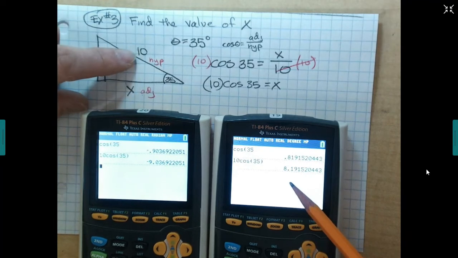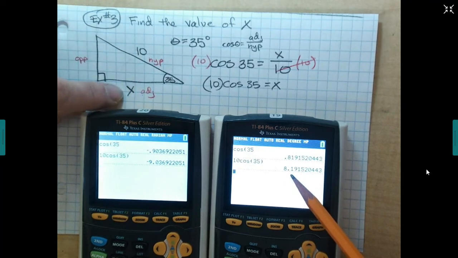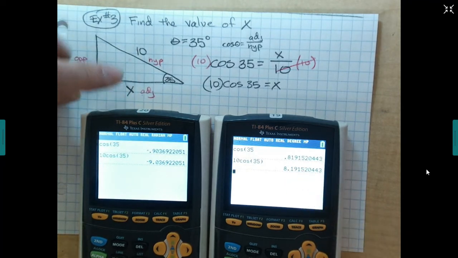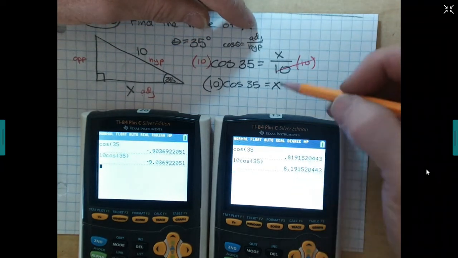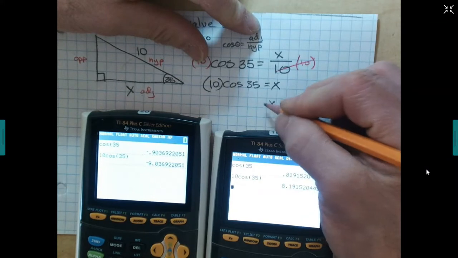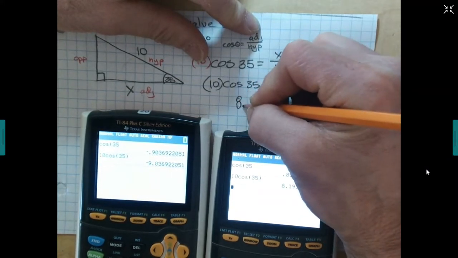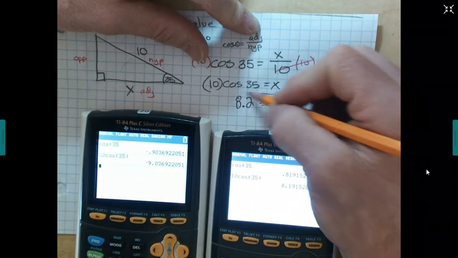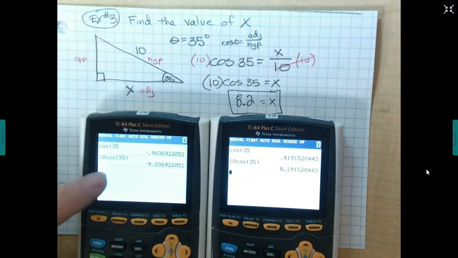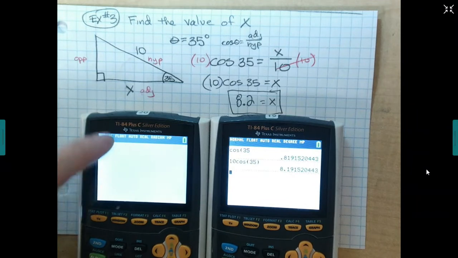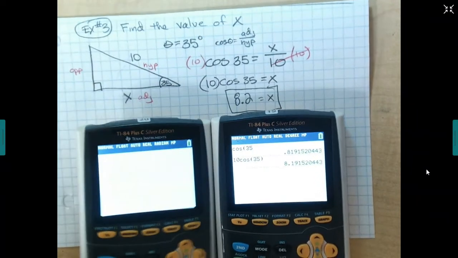The hypotenuse is 10, this leg being 8.2, that sounds pretty legit. So our answer is x equals 8.2. So if the calculator is pulling up negative numbers, trade it out, and I'll figure out how to reset the calculator so that they get appropriate numbers.